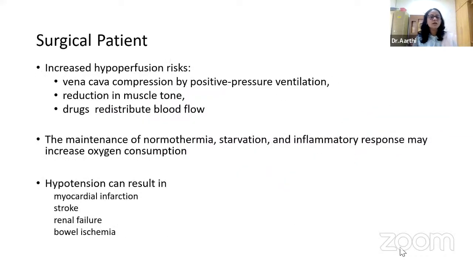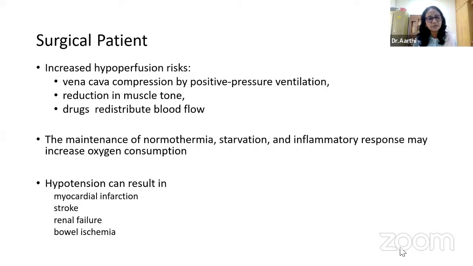Coming to the specific emphasis on surgical patients, we talk about a lot of hemodynamic monitoring in critical care patients, where the patients are critically ill with multiple reasons for circulatory dysfunction and extensive comorbidities.